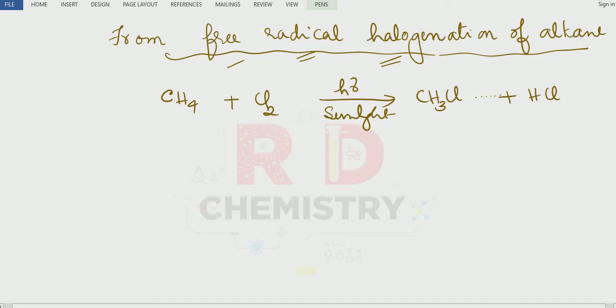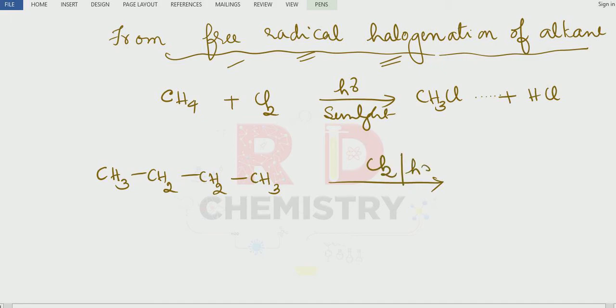Now I'm going to take one specific example. That is, I'm going to take butane, CH3, CH2, CH2 and CH3. Remember student, the valence of carbon is equal to 4. There should be 4 bonds around it. So this is n-butane. Suppose this is treated with chlorine in the presence of sunlight, h nu, or you can simply heat it.